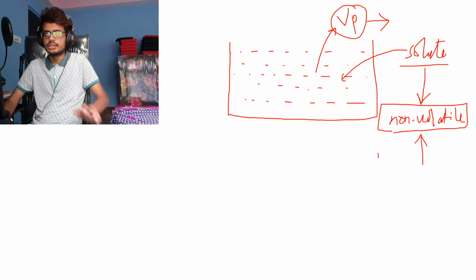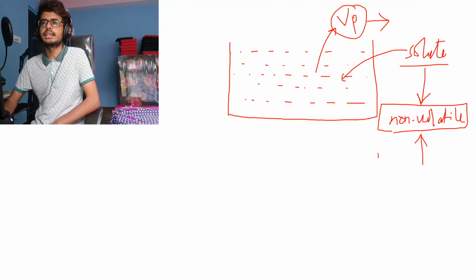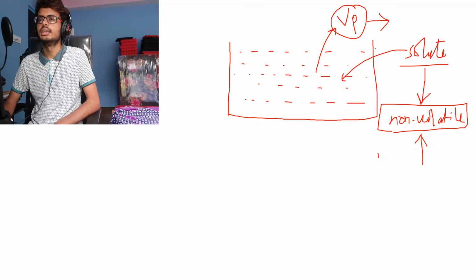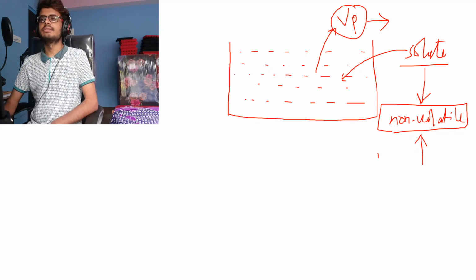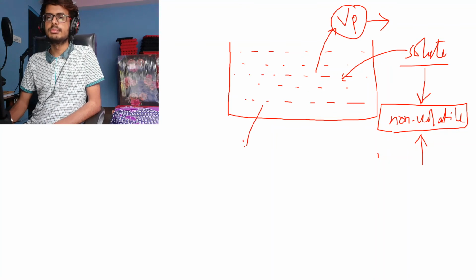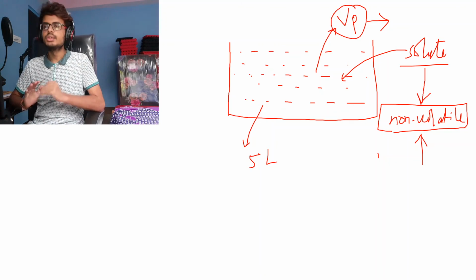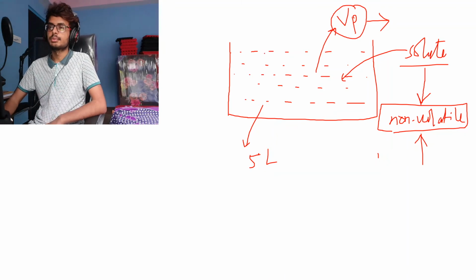So the simple case I'm making you consider is this: let's take a beaker, a container, with a liquid in it. Let's say there are 5 liters of liquid in the container. I know the vapor pressure of the liquid is Vp, right?